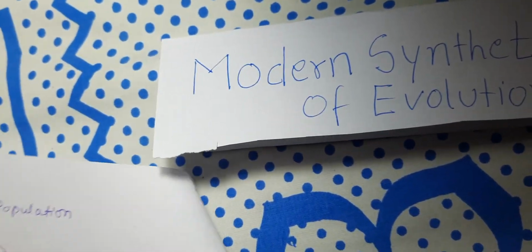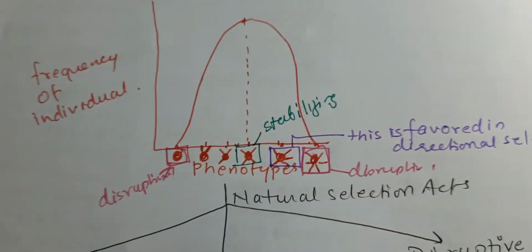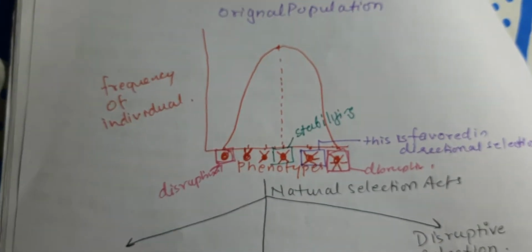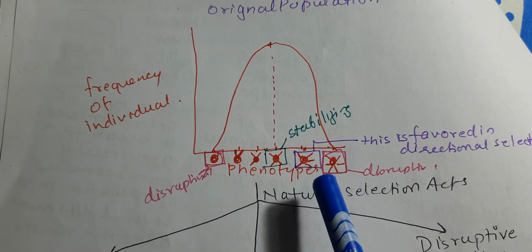Now if you look at this graph, here is the frequency of individuals and this is the phenotype. Let's assume that any animal is there with fur. This is without fur and this is with fur.